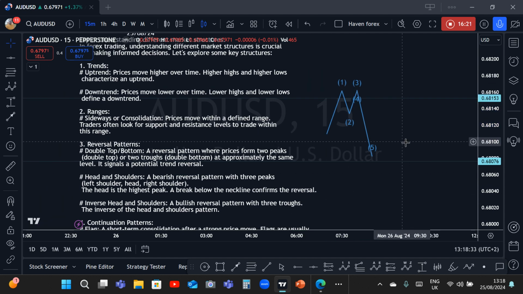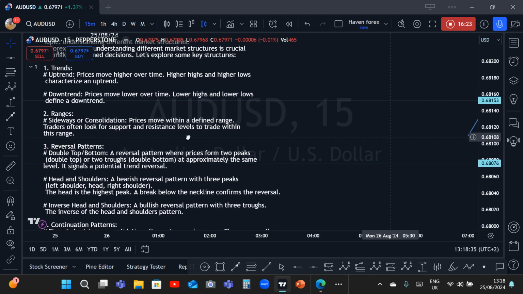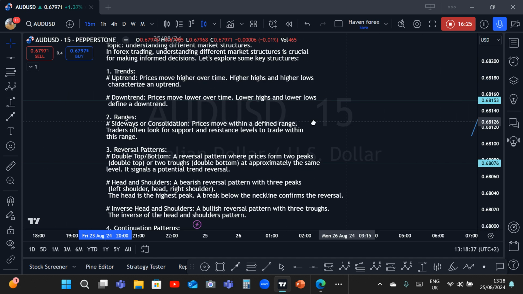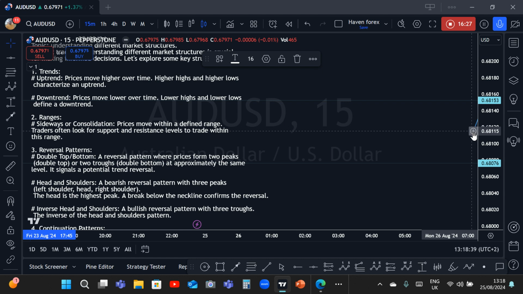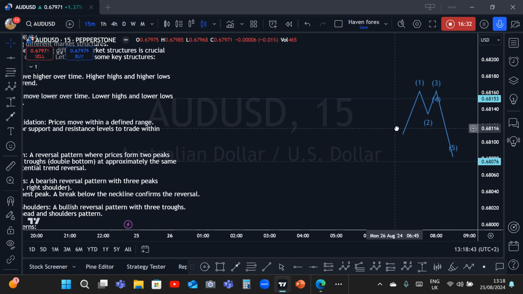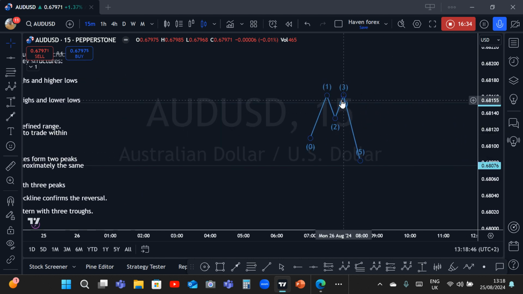Now, to make it very simple for you guys, I want you to understand something. If you know what structure is all about, this is what we simply call price getting to a level of resistance. Let's say you are doing your top down analysis and you mark a level where there is a weekly level, daily level, 4 hour level, or monthly level.